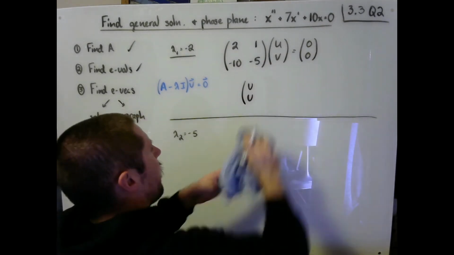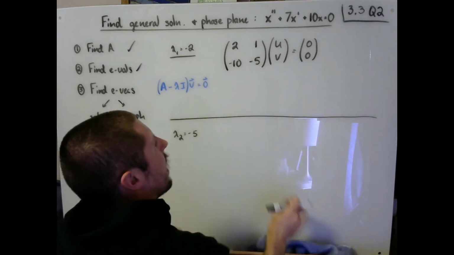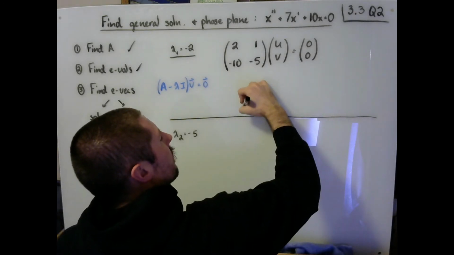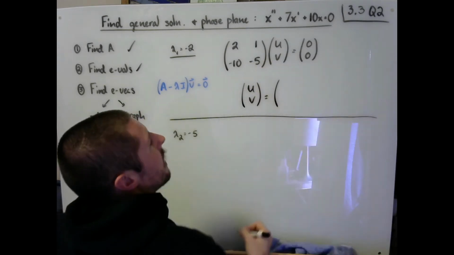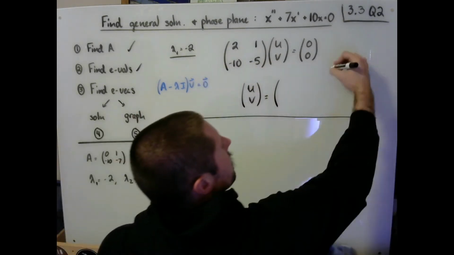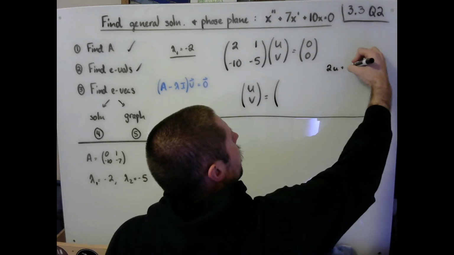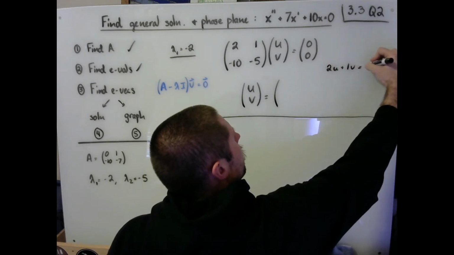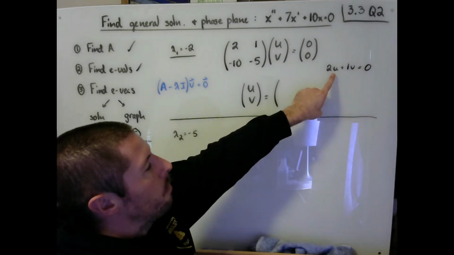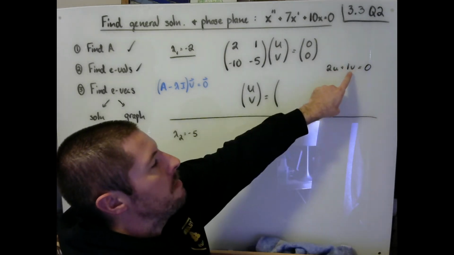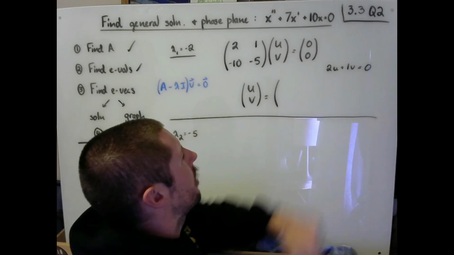Again, I typically like to choose 1, especially for U, if I can. Notice this is just the equation 2U plus 1V equals 0 that I'm working with here. So if I let U be +1 and V be -2, then we'll go to 0.